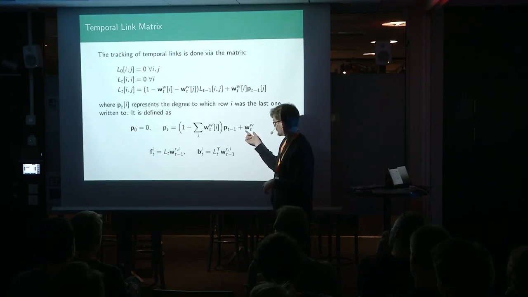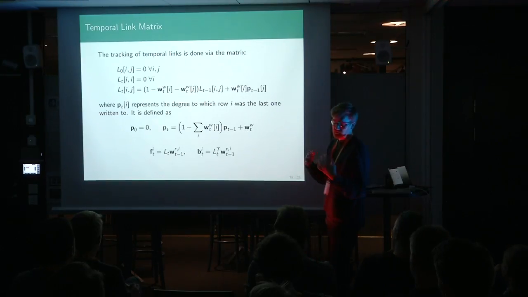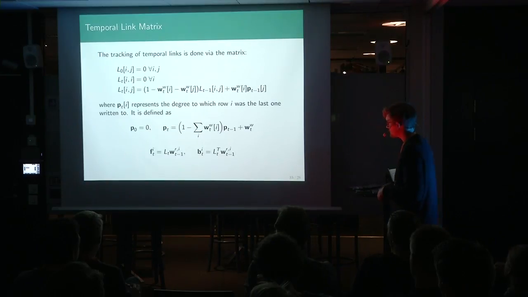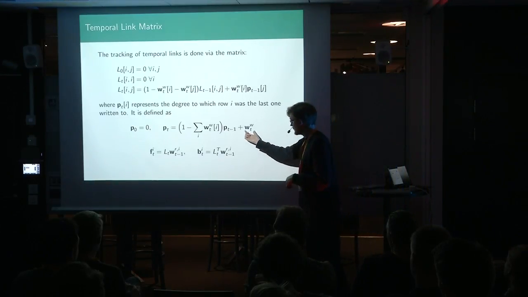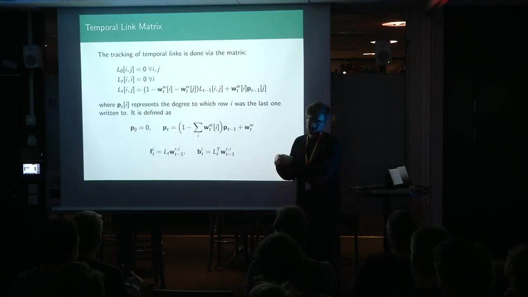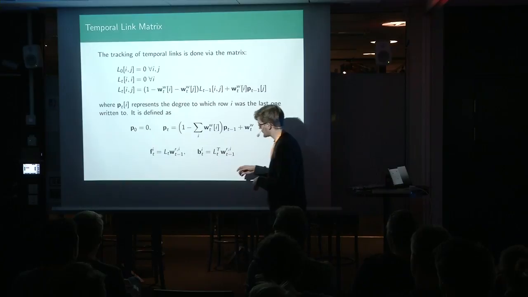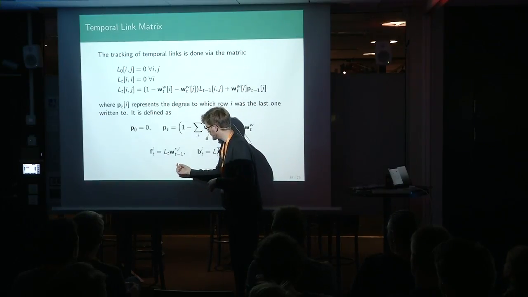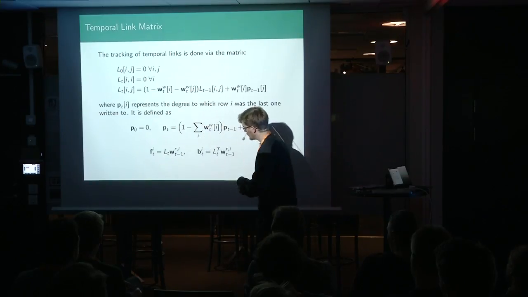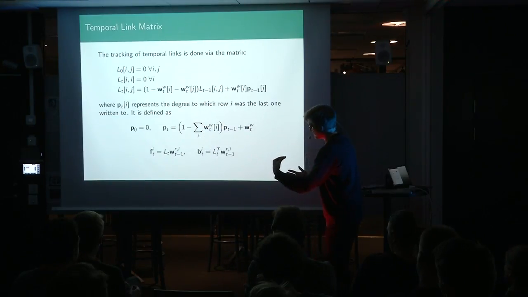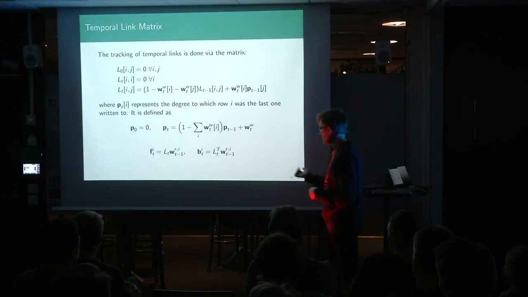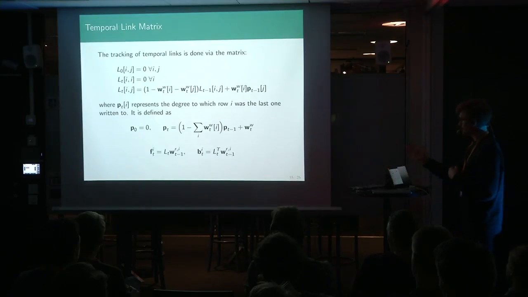Otherwise, you look at the weights for the writing distribution, because this gives you the probability of writing at row j. Then you compute the forward weights by multiplying the linkage matrix with what you wrote in the previous iteration, and the other way around for the backward temporal weights.